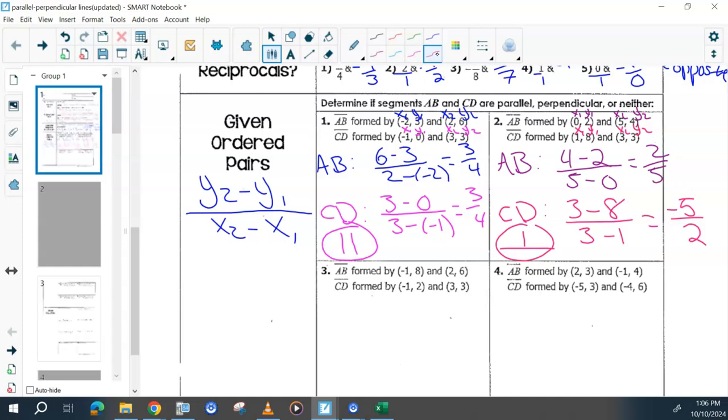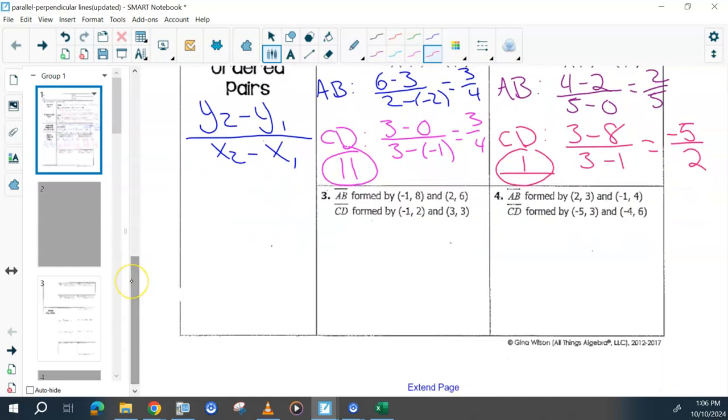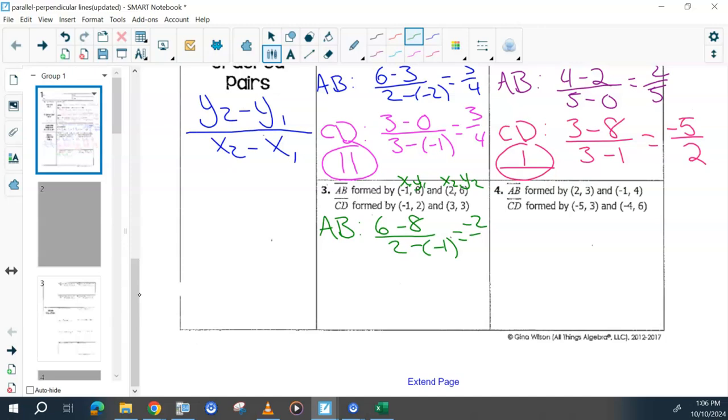I'm going to show you a neither case. Let's do the same thing in number 3. We have 6 minus 8 over 2 minus a negative 1. What would that slope be? Negative 2/3.